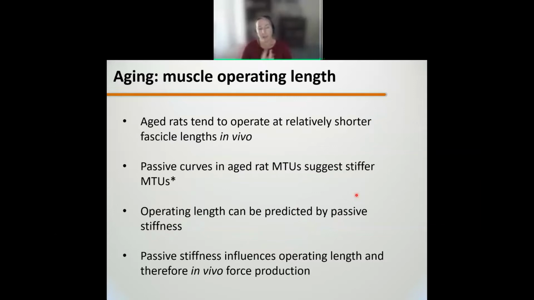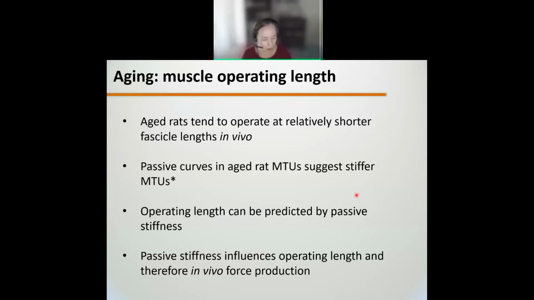So we can say that aged rats tend to operate at relatively shorter lengths in vivo, and that passive curves in aged rats suggest stiffer MTUs, but we have our exception. But we absolutely can say from these data that operating length can be predicted by passive stiffness, and that is pretty cool and has not necessarily anything to do with the original problem, which is: where does muscle weakness come from if it's not simple loss of muscle mass?